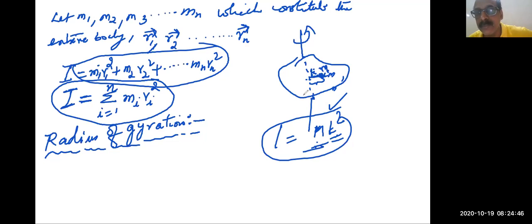Is it clear? Radius of gyration K is the perpendicular distance from the axis of rotation to the center of mass of the body.